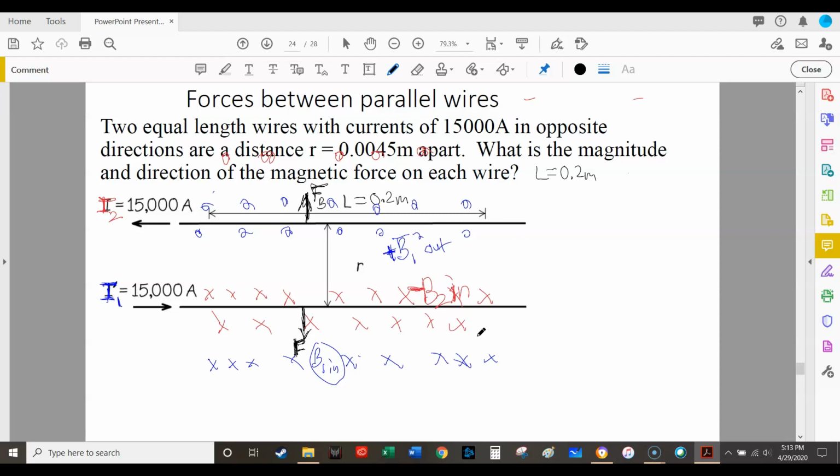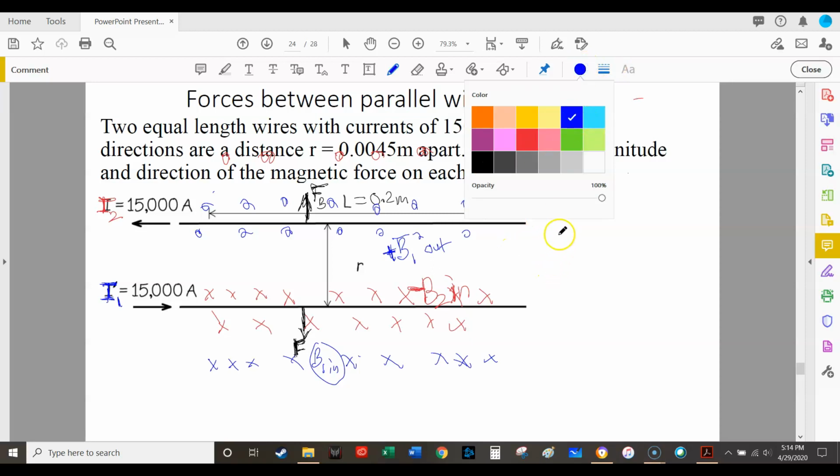Anyways, this is going to experience a force down. Okay. So we know that these two wires are going to repel. Well, let's figure some things out about that.